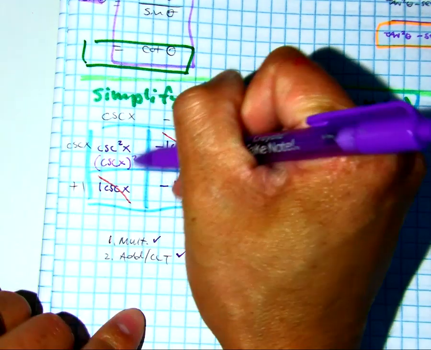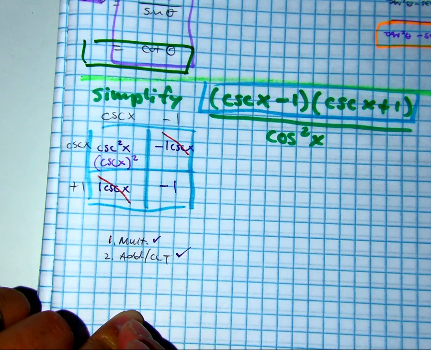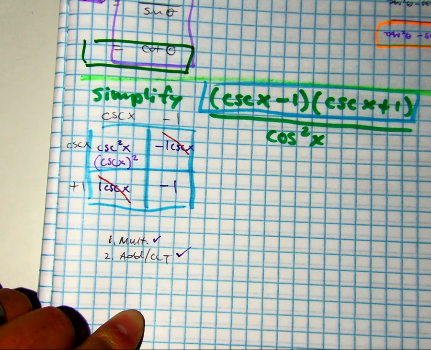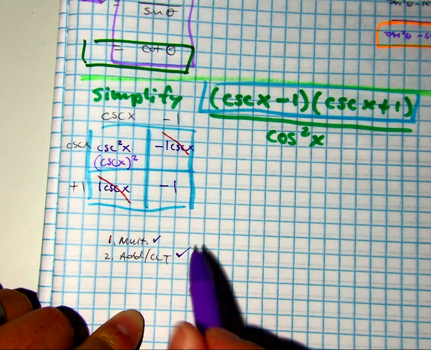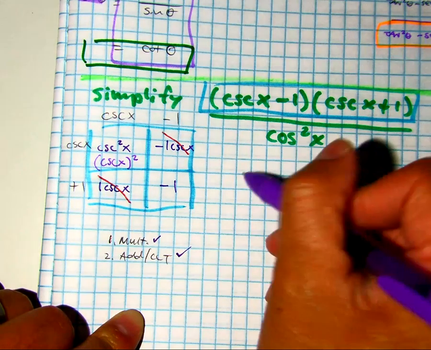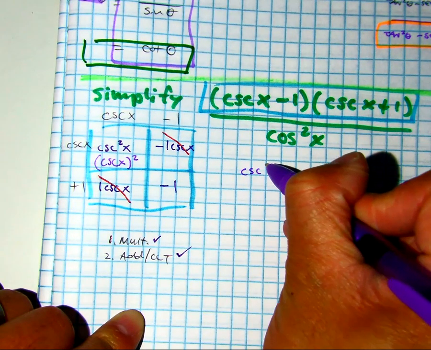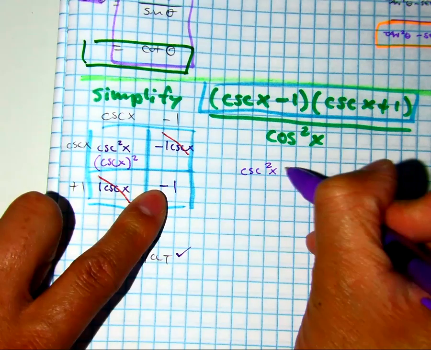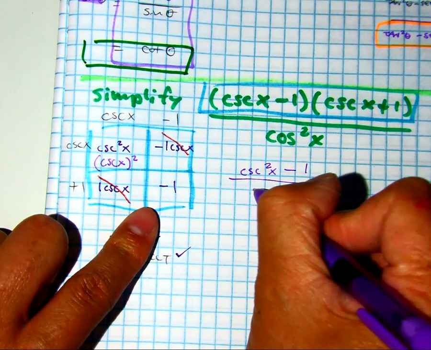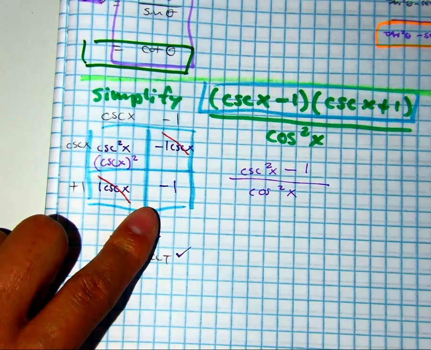These mean the same thing. It's the same thing. So now the numerator looks like this. Cosecant squared x minus 1 over cosine squared x.